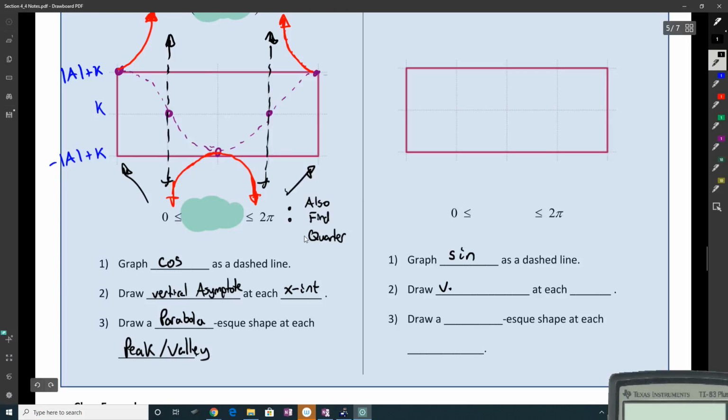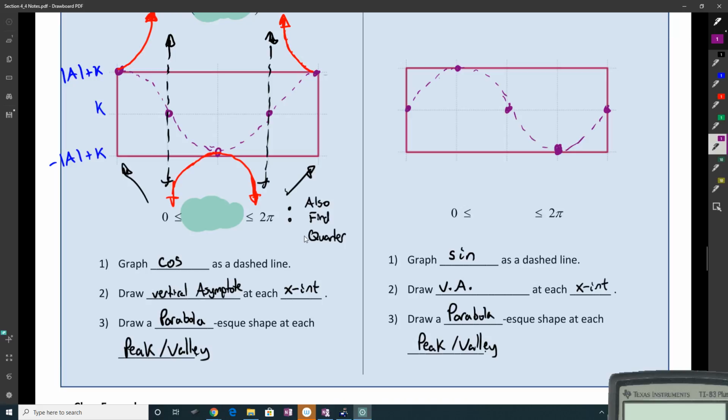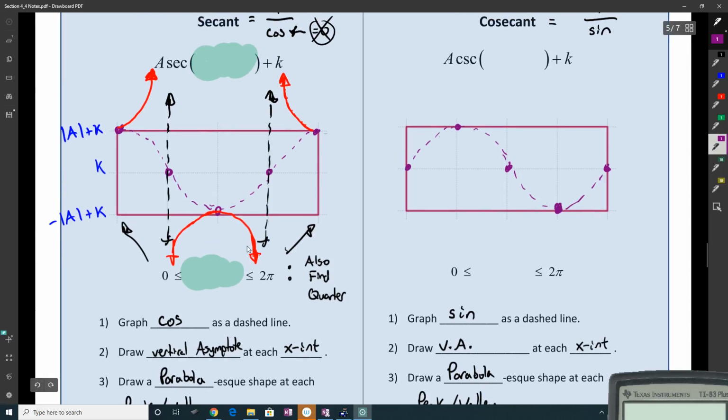Same idea. We're going to draw the vertical asymptote at each x-intercept, and draw a parabola shape at each peak or valley. So in this case, my graph is going to be sine. If we remember, sine looked like this. Oh, forgot to turn the touch off.